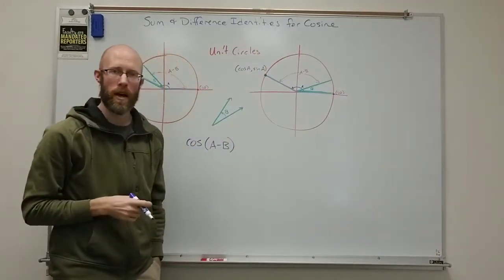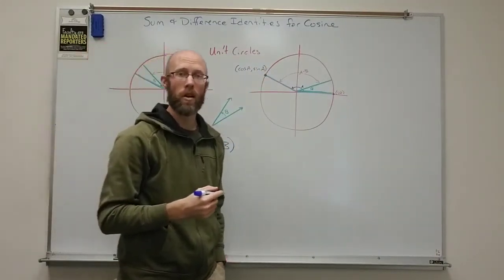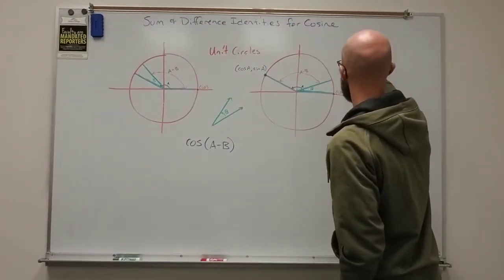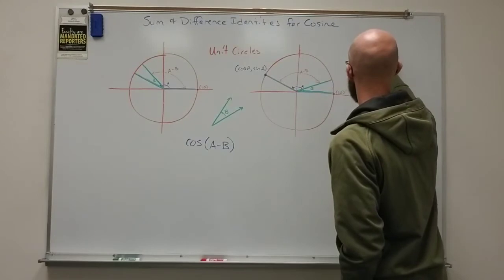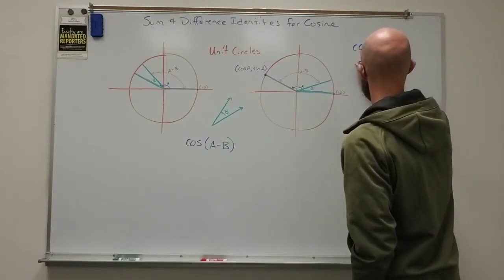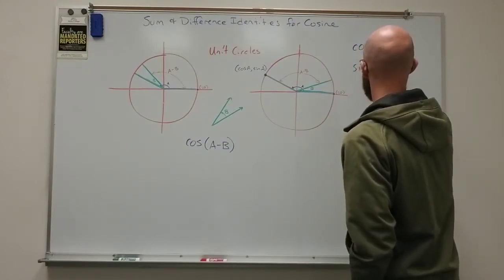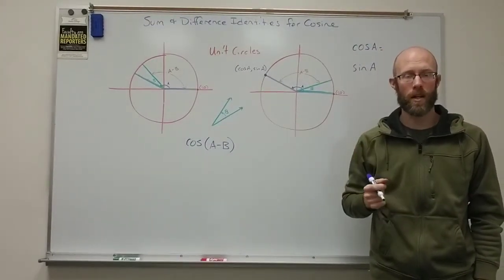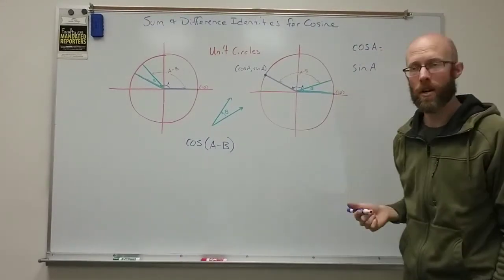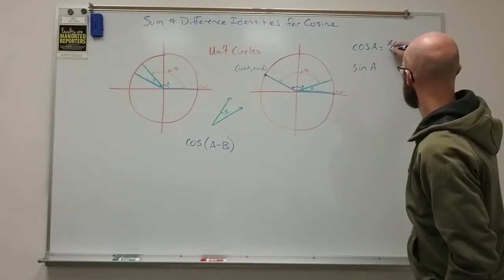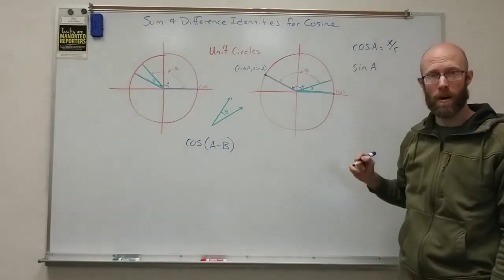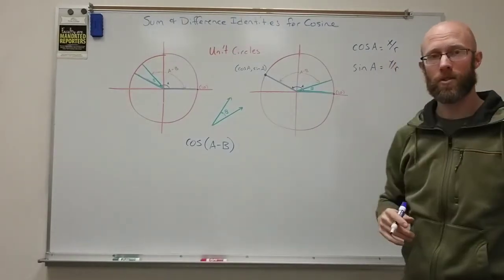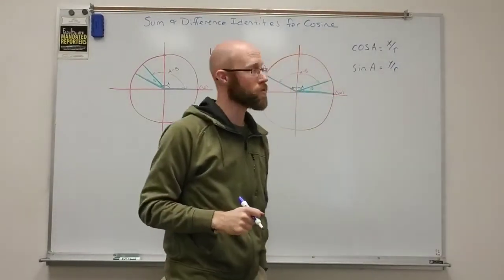Now, how do I know that? Well, you'll recall the cosine and the sine are defined using the x, y coordinates, and r as the hypotenuse, or the radius. Cosine is x over r, that's your adjacent over hypotenuse. Sine is y over r, that's your opposite over hypotenuse.